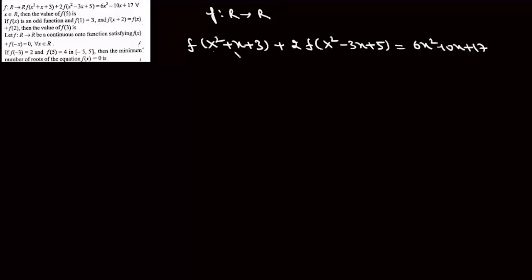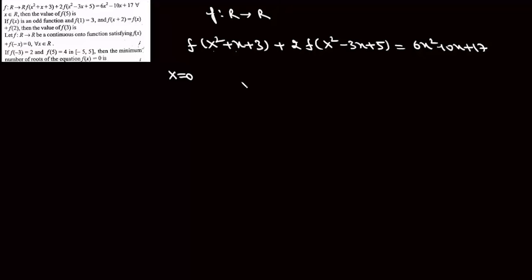Now we can see 1 plus 1 plus 3 is 5, but here it will be 6 minus 3, 3. So it will become f(3). So we get an equation in f(5) and f(3). And if we put 0, we'll get relation between 3 and 5. So it will become simultaneous equation in f(3) and f(5).